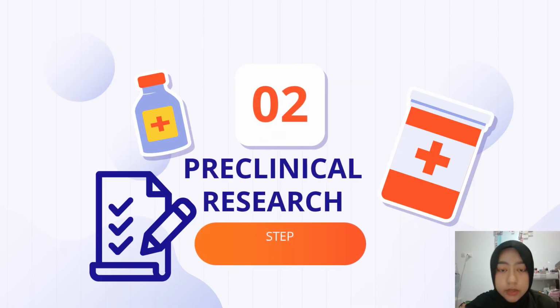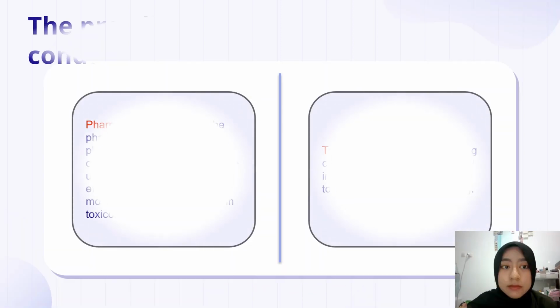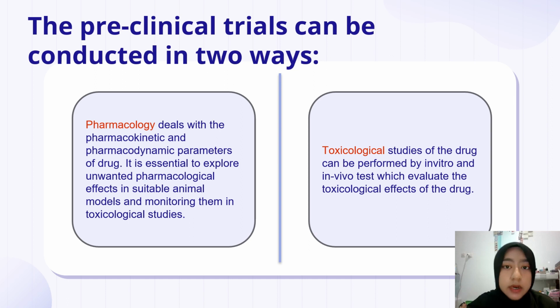Let's now turn to step 2, preclinical research. The preclinical trials can be conducted in 2 ways, pharmacology and toxicology. Pharmacology deals with the pharmacokinetic and pharmacodynamic parameters of the drug.